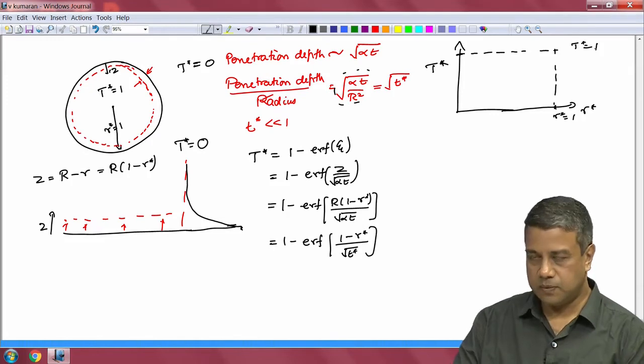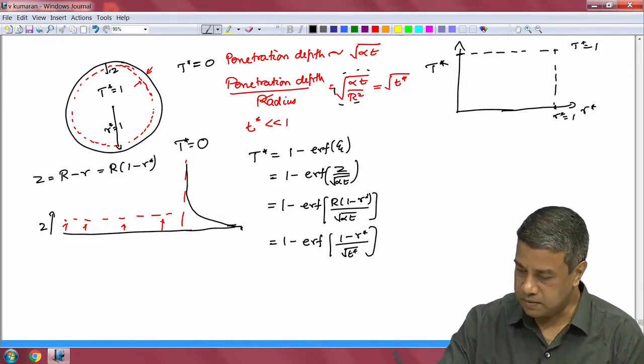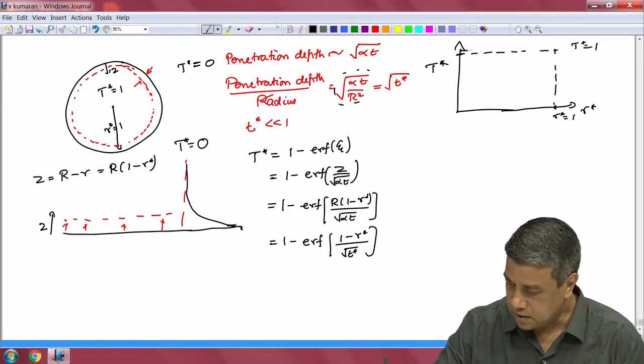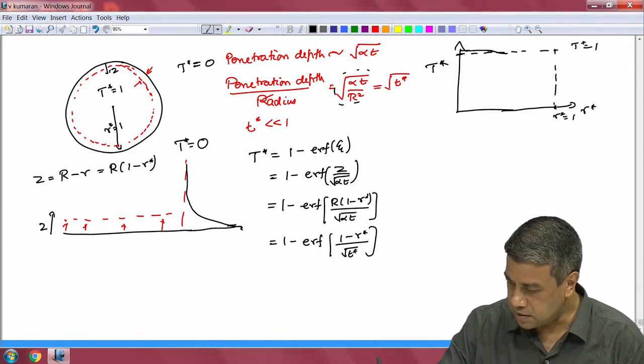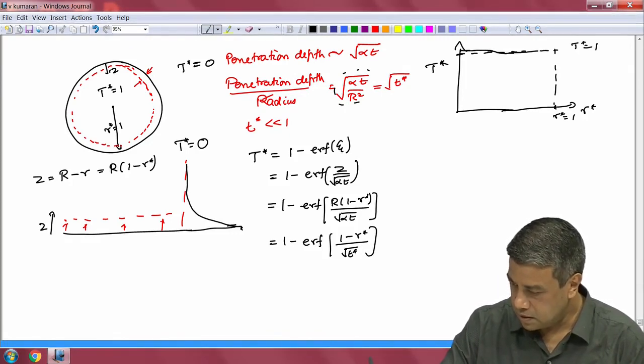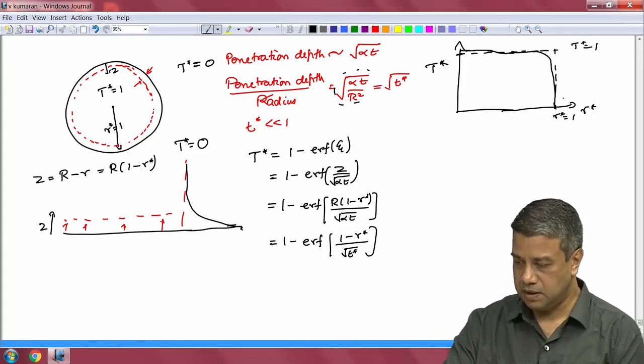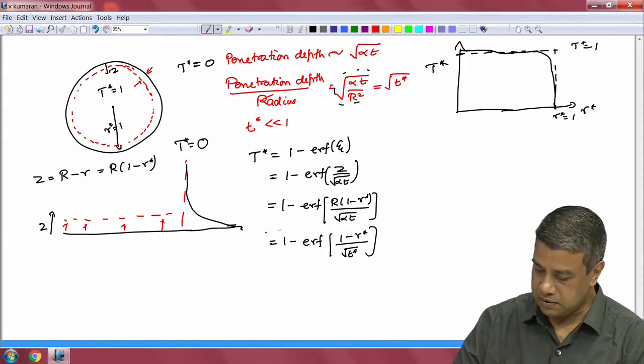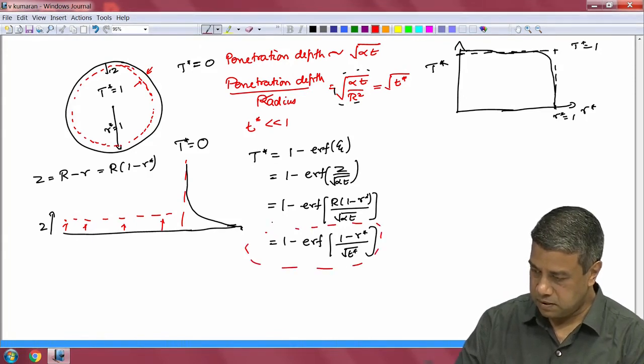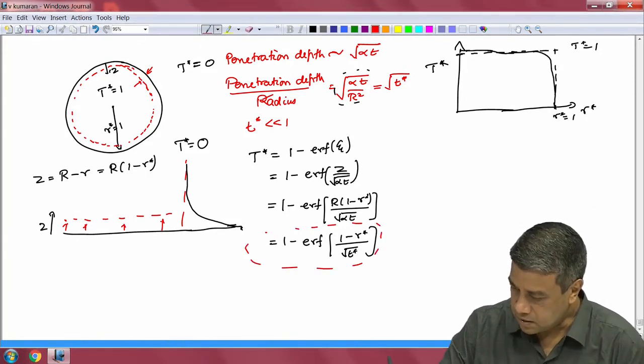If I plot the actual temperature profile that I get from the 5 series approximation at T star is equal to 0.1, I get something that goes like this. And if I plot this solution, I get something that is almost spot on.